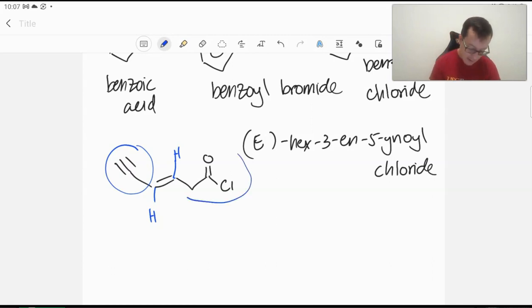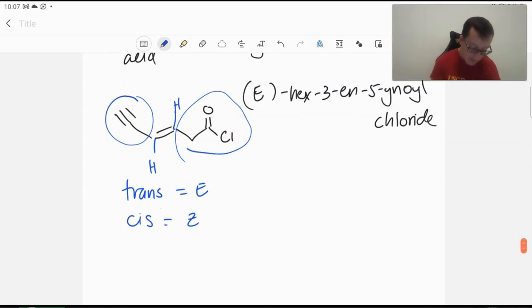On the other side, this is our higher priority group on the other side of the double bond, comparing that versus H. So that's going to win. Remember that if you have the trans, that's going to be an E alkene. If they were cis to each other, that would be a Z.